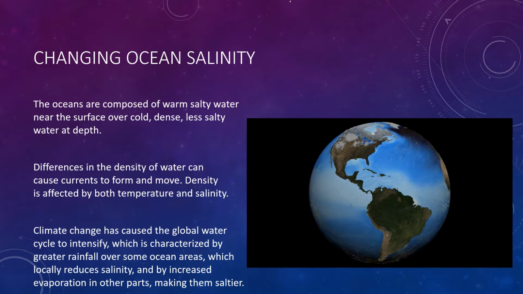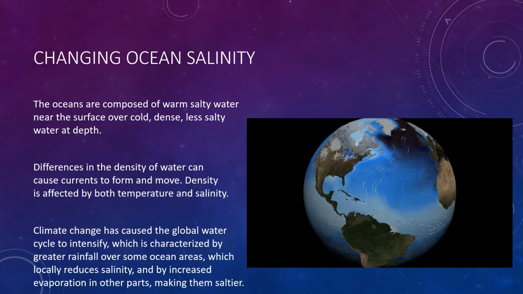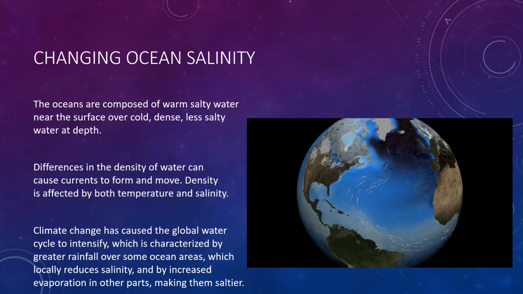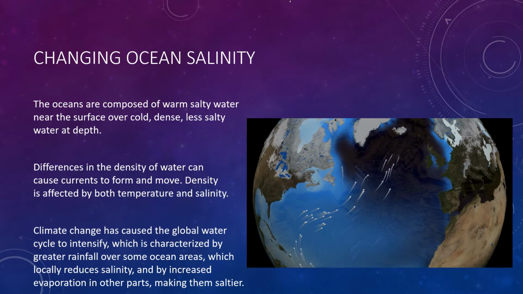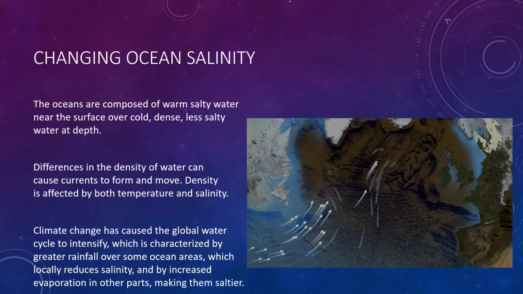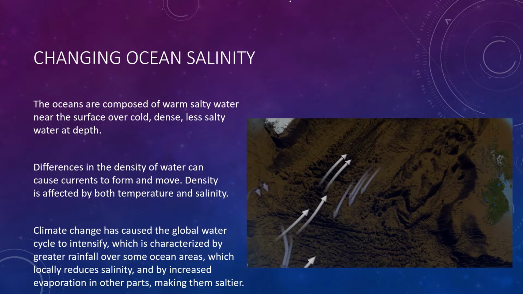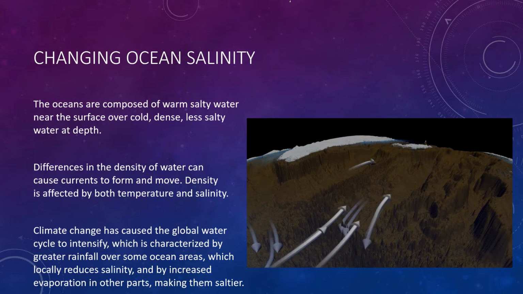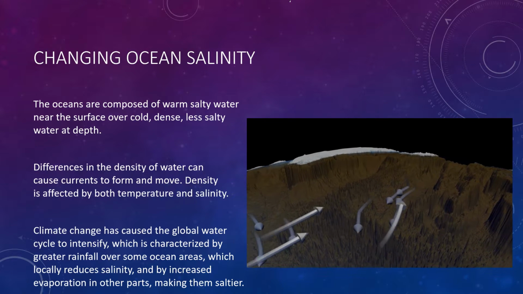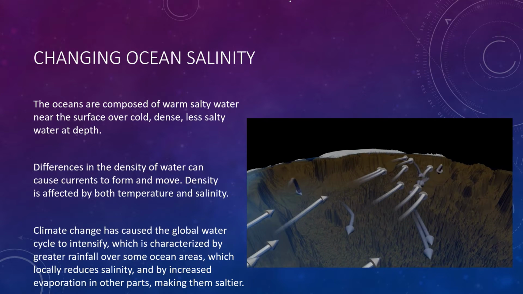The findings suggest that since 1950, ongoing climate change has caused the entire global water cycle to intensify. Intensification is characterized by greater rainfall over some ocean areas, which is locally reducing the salinity, and by increased evaporation in other parts of the sea, making those areas saltier. In short, ocean salinity is changing approximately twice as much as had been predicted by the current generation of climate models.